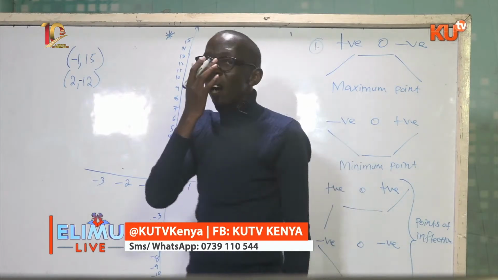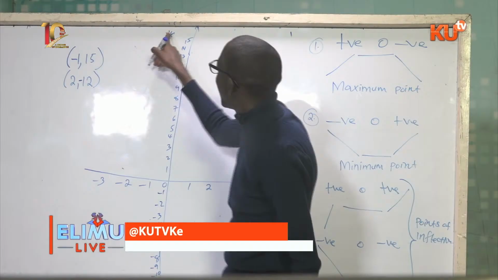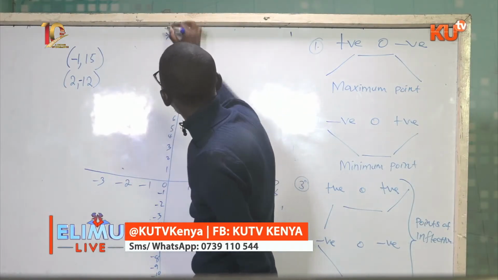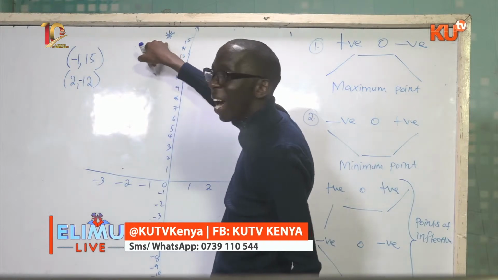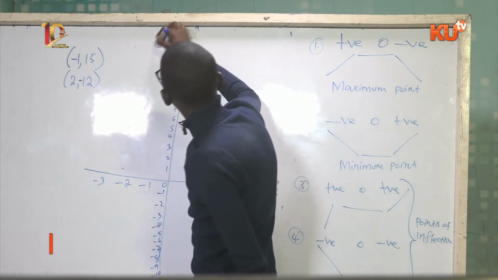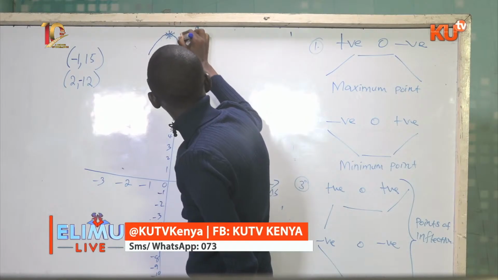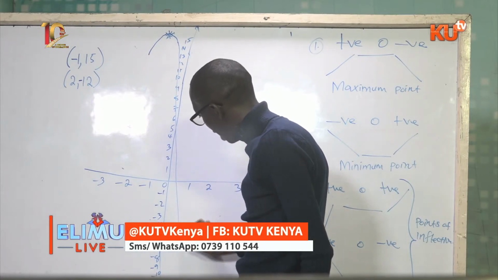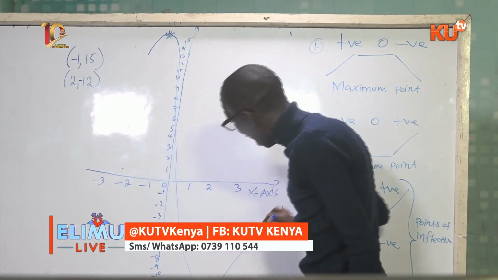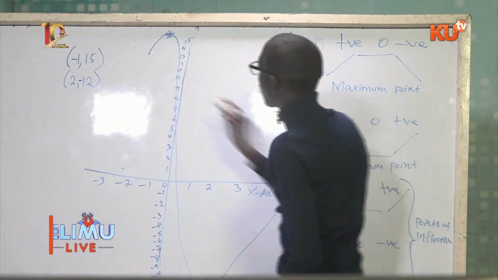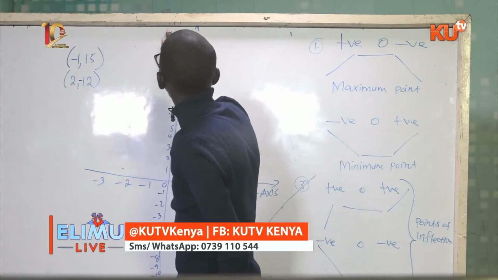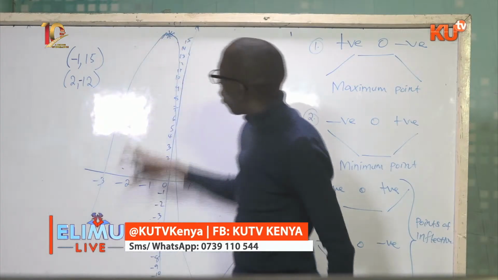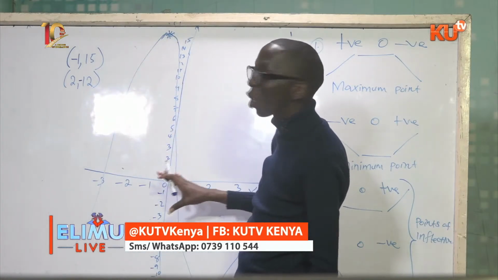Then you draw a curve, and your curve must turn at this point and this point. I am concluding. So your curve will look like this. You make sure your curve turns that way here, then it turns again at 2, -12. That is how your curve should look. Whatever is here and here is not important.